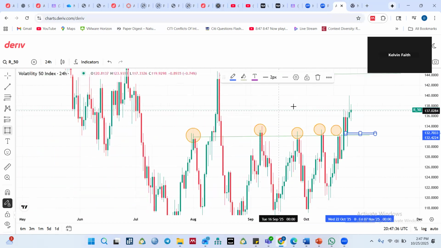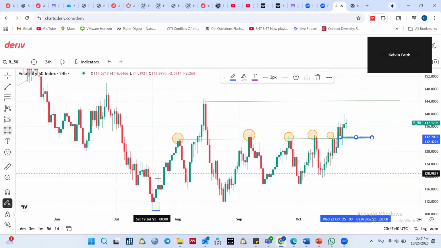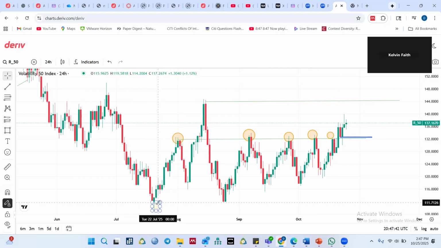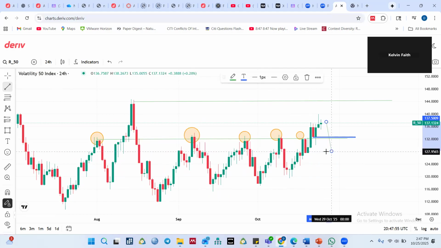Okay. Though overall, this whole pair is bearish. But from the information we have here, above those sellers, it is a bullish market until price drops down and takes this out.